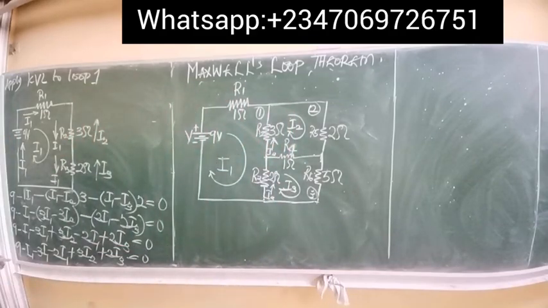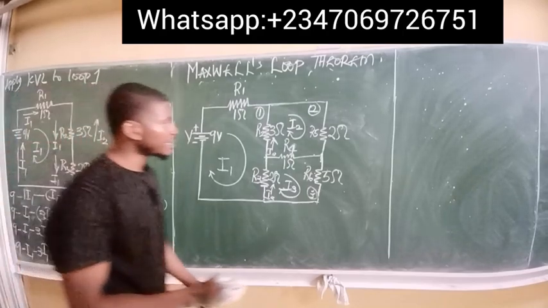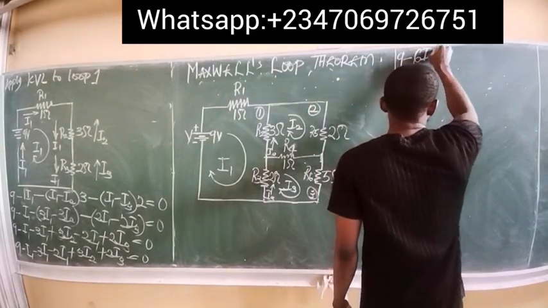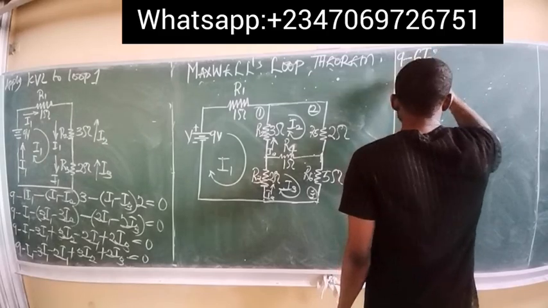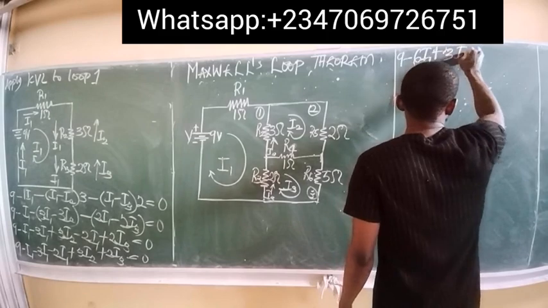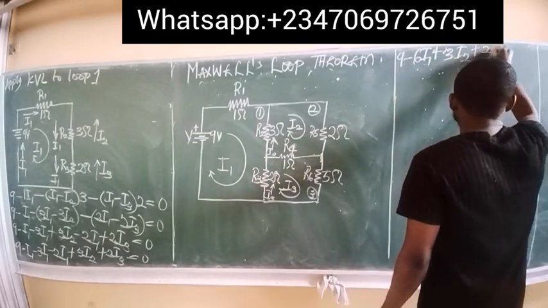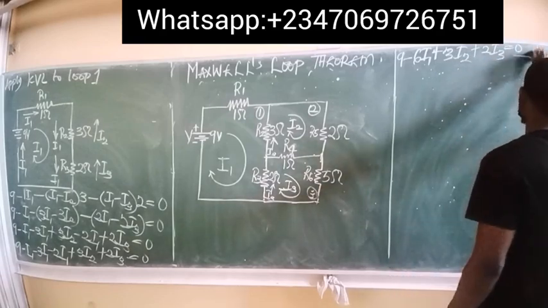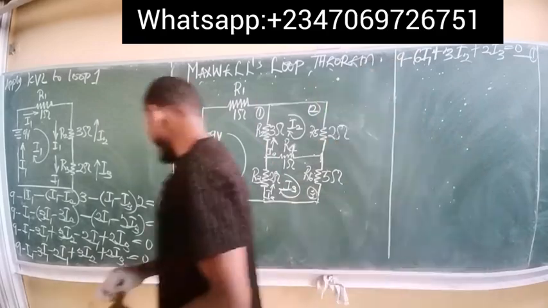So from here now, minus I1 minus 3I1 minus 2I1 simply gives us minus 6I1. So I'll simply have 9 minus 6I1 plus 3I2 plus 2I3 equals 0. Simply call this equation 1.